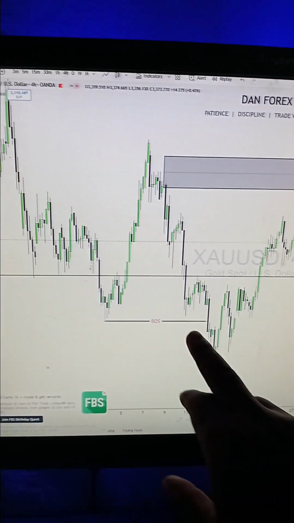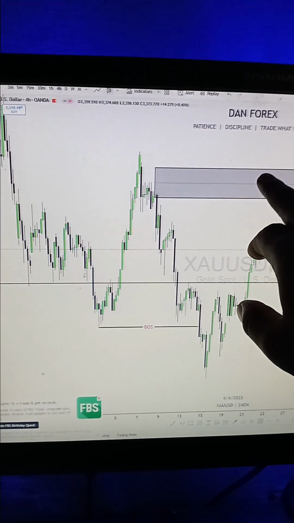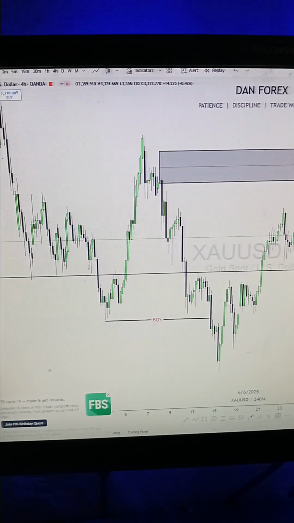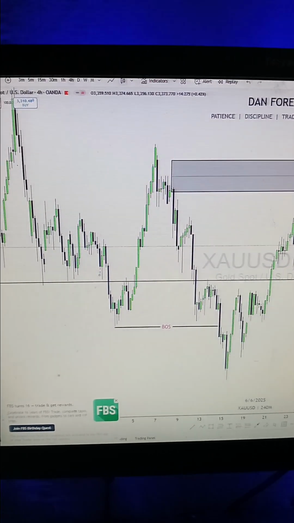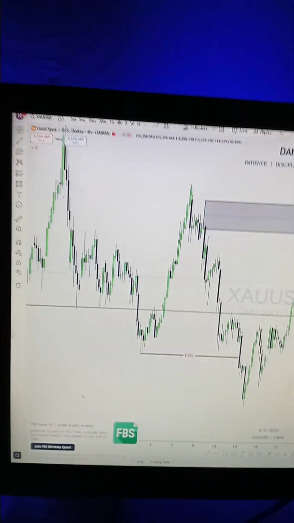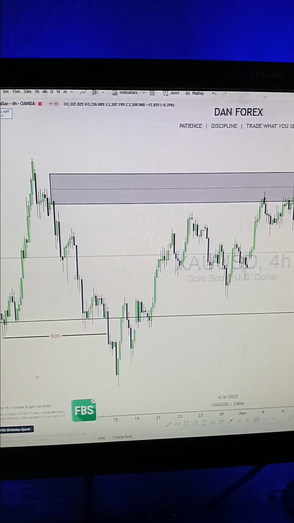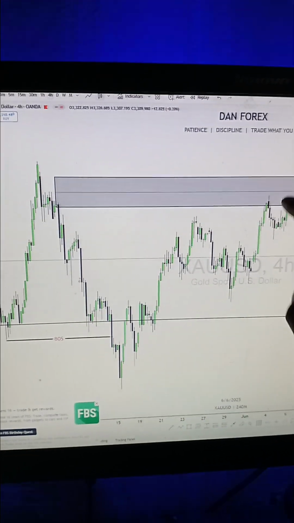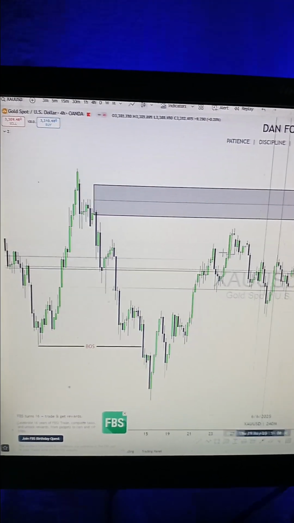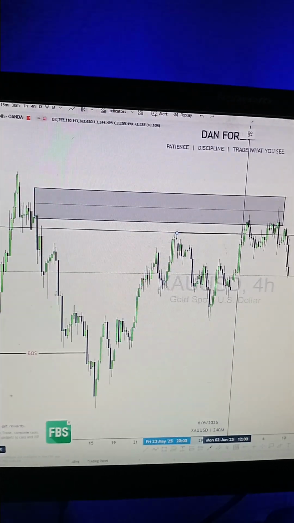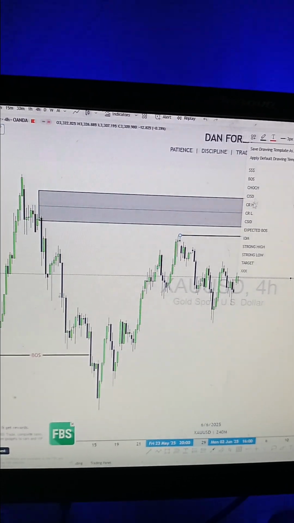So the market was pulling back to this supply zone, but remember, we are very bullish on gold. When approaching this supply zone, before approaching there, it gave us this break of structure.